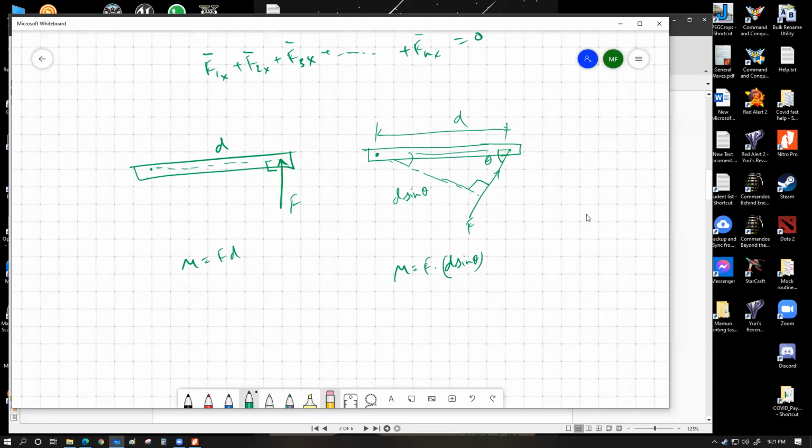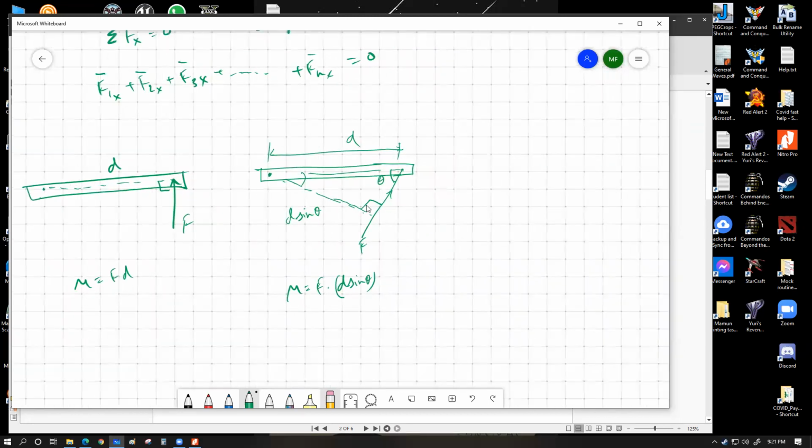The other thing that can be done, other than undergoing this whole drawing and finding out the component of the perpendicular distance, that is d sine theta, is we can also divide up the force as well. So that's the important new thing that we have over here, which is a much simpler process than this one.